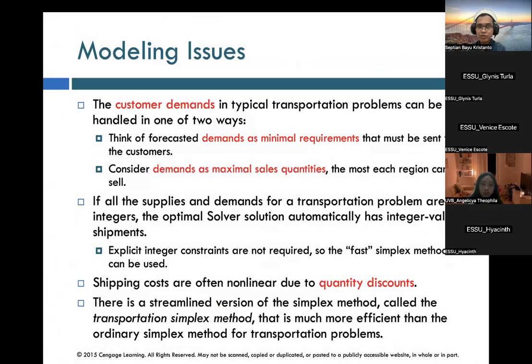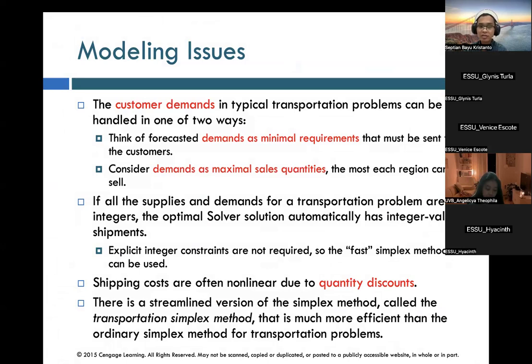Another modeling issue that could happen in our material is about the customer demands. The customer demands are not only about the minimum requirements that our customers will ask for. So as producers, we need to think about how to forecast the demand from a customer.